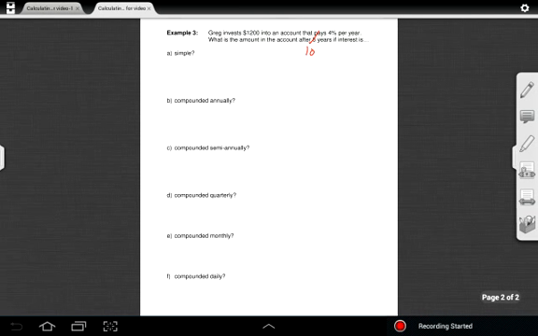So here we go. Simple interest. Remember, the interest doesn't change. So first we need to find 4% of $1,200. Okay, 4% as a decimal is 0.04.